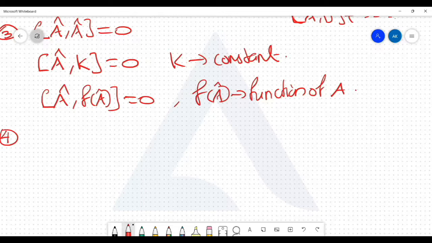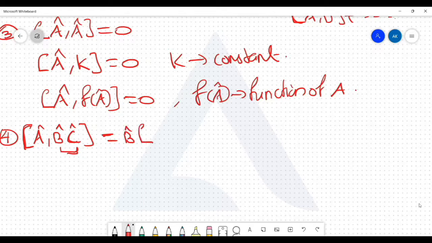Now, for A, B, C, when the product terms come, keep in mind, whatever is the first term, you have to put it first, with the commutator of the other two.